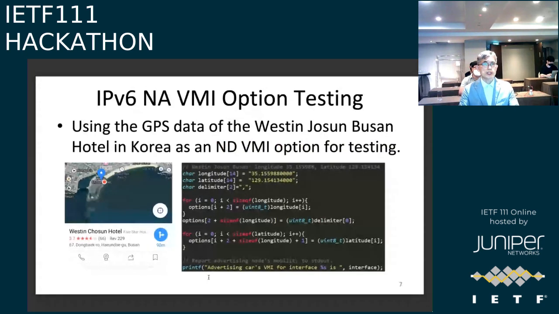We demonstrated the IPv6 NA VMI option. This message includes GPS location information such as latitude and longitude in Busan, at the Westin Josun Busan Hotel in Korea.